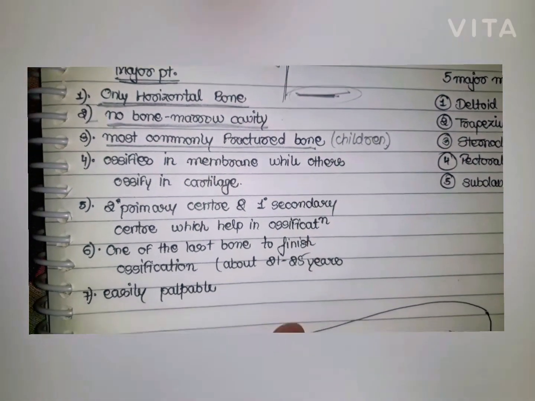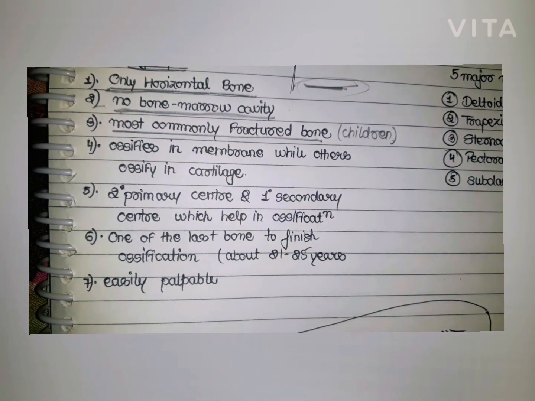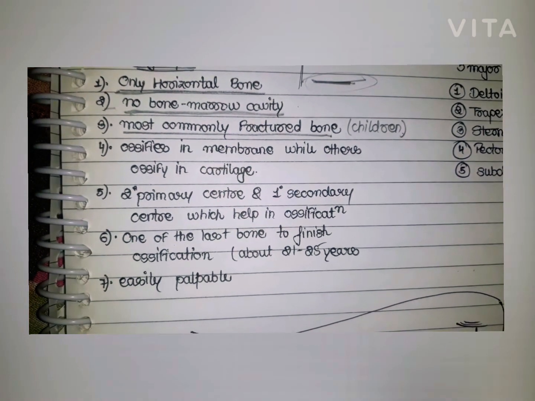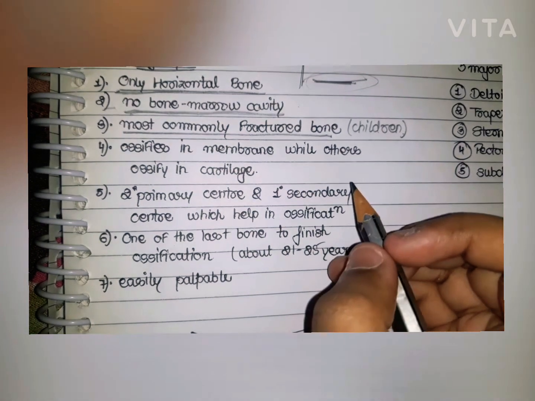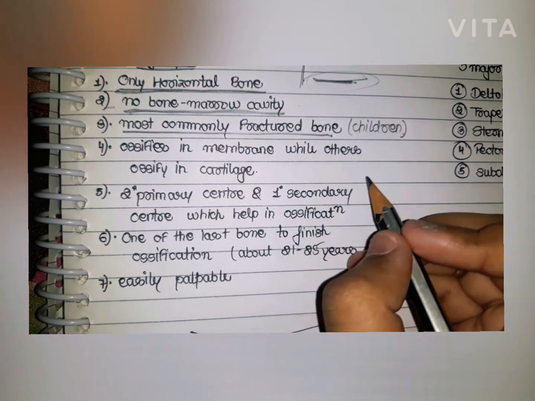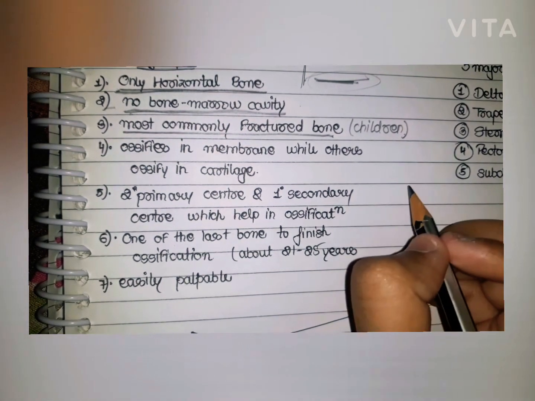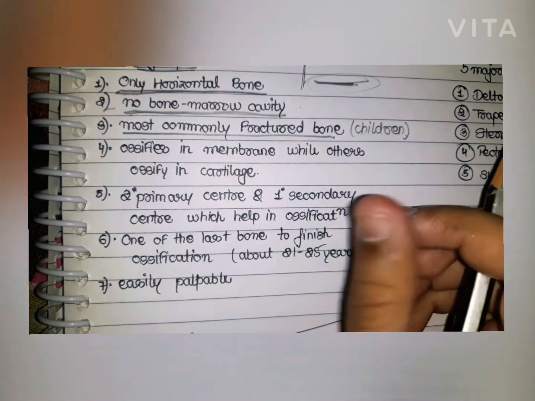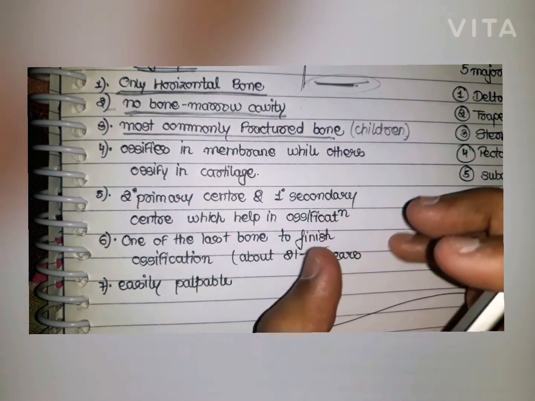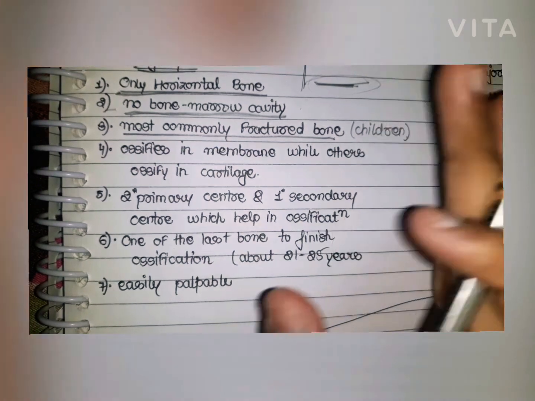Fourth most important point is, in our whole body, when you go through the later years of the medical career, you will get to know about ossification of bone in child age. In children, as you all know, the bones are first in cartilage form, then they convert and ossify, meaning they become stronger and harder and become the mature bone.